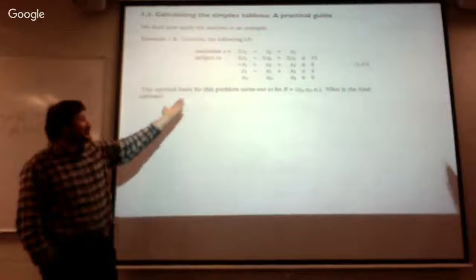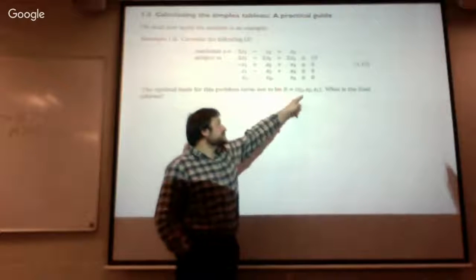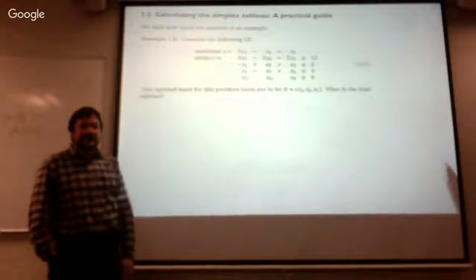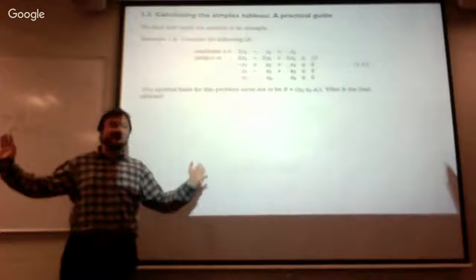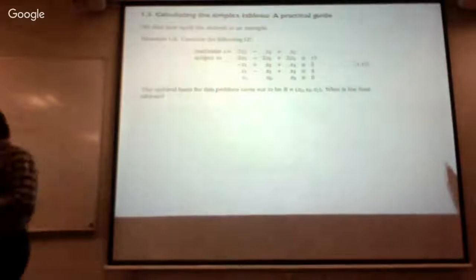And someone told us that the optimal tableau has the variables x2, s3, and x1 in the basis. We don't know how they found out, but let's say they claim that this is the optimal basis. And our goal is to try and find the whole of the optimal tableau just through this information.